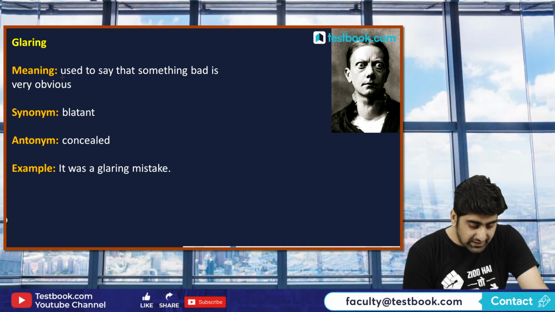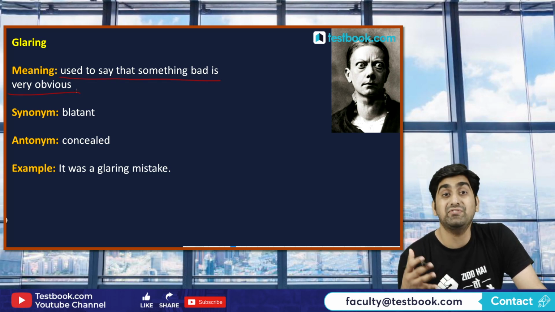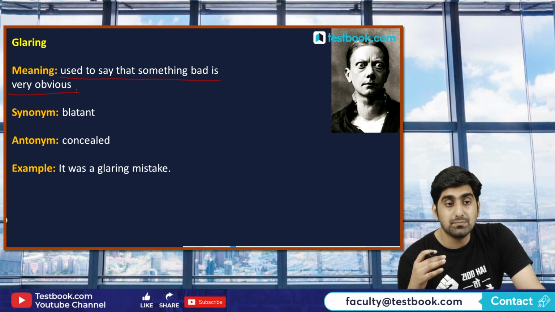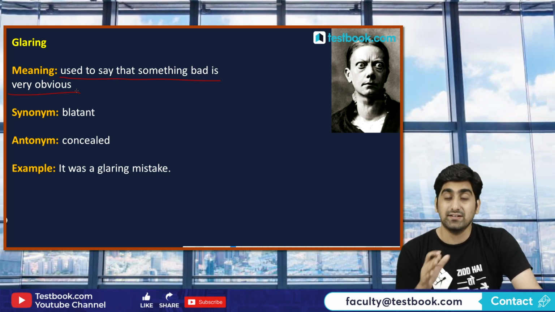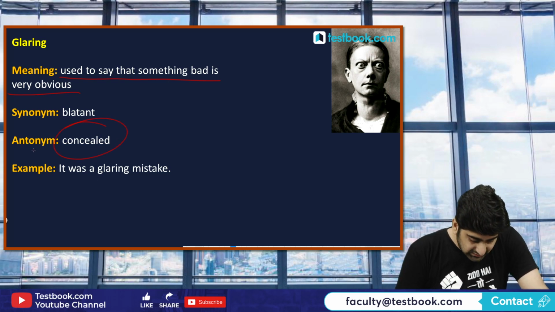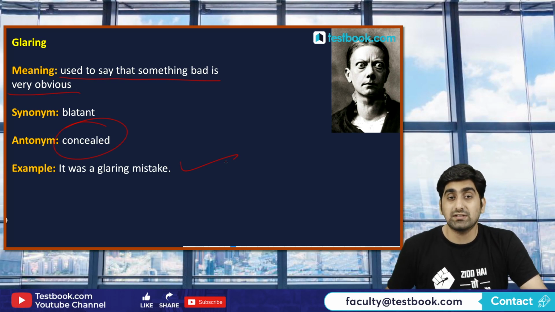The word glaring is used to say that something is bad or very obvious. So when you glare at something, you are being very blatant. You try to say something that is bad and very obvious. The antonym for us will be concealed. It was a glaring mistake, I mean an obvious mistake. Everyone can call it wrong.